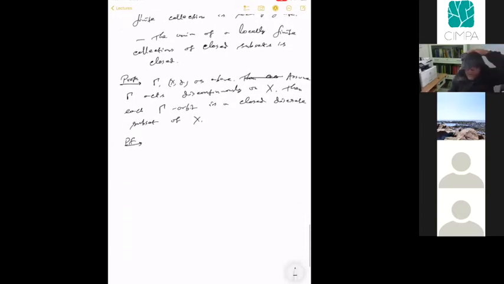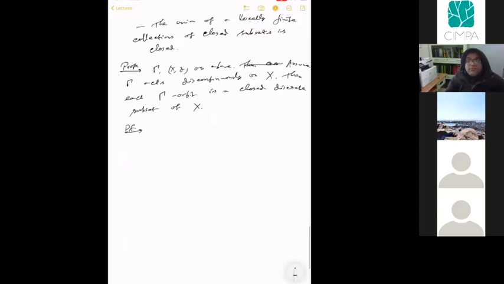Let x be a point in X. What do we want to show?